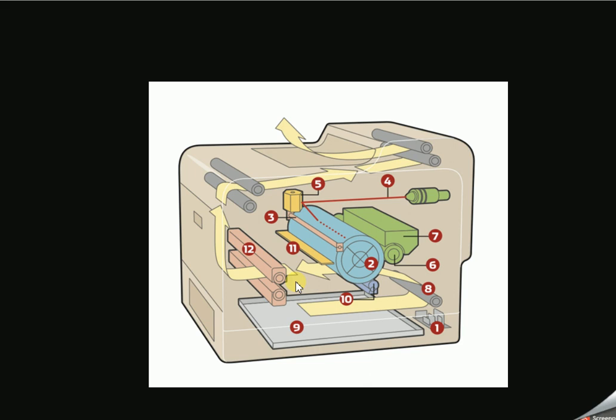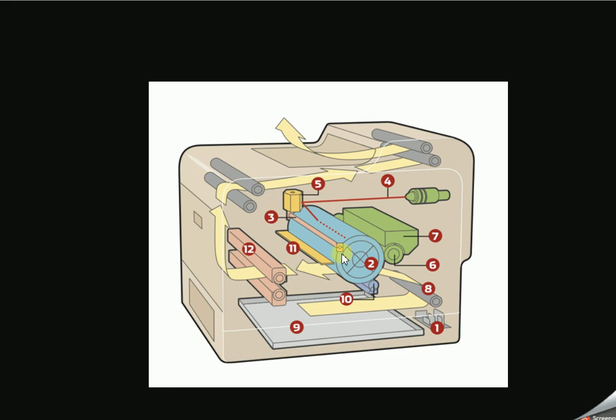As the paper meets the drum, the toner will transfer to the paper. The positive charge attracts the negative charge from the toner away from the drum, pulling the toner particles onto the paper. And it won't be on the drum anymore.